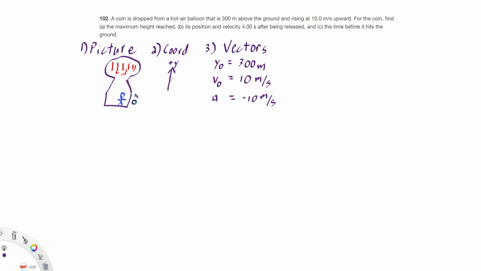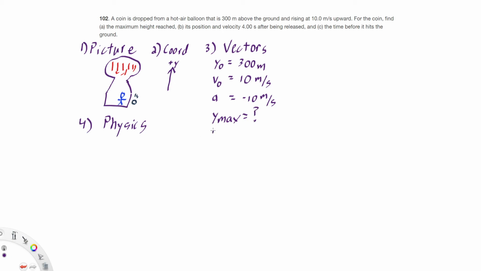All right, so here's our mise en place, our setup for this problem. It's time to start cooking. All right, so let's take a quick glance at our toolbox. Notice we've got information about the initial y position, the initial velocity, the acceleration. We want information about the maximum height reached.